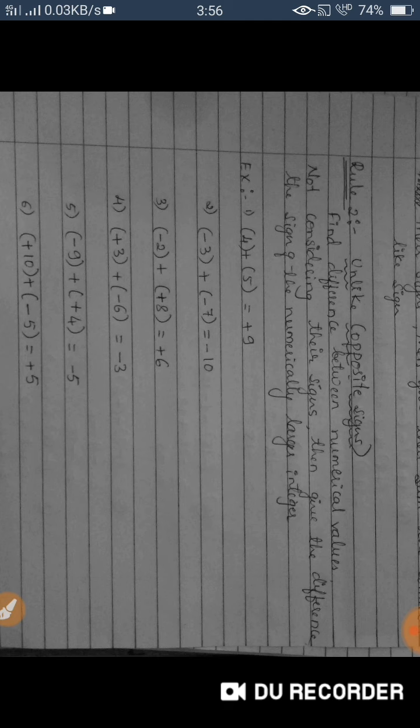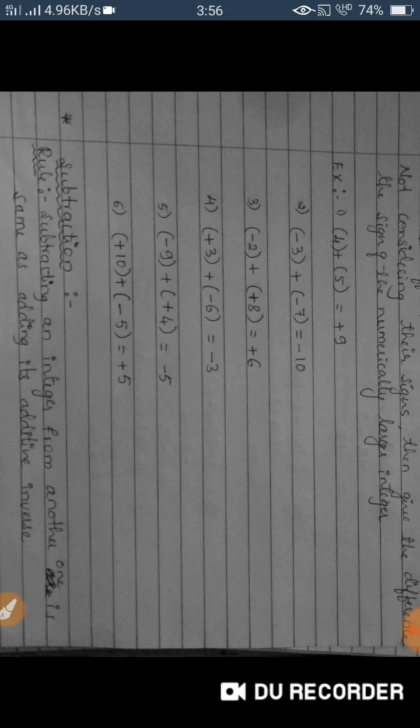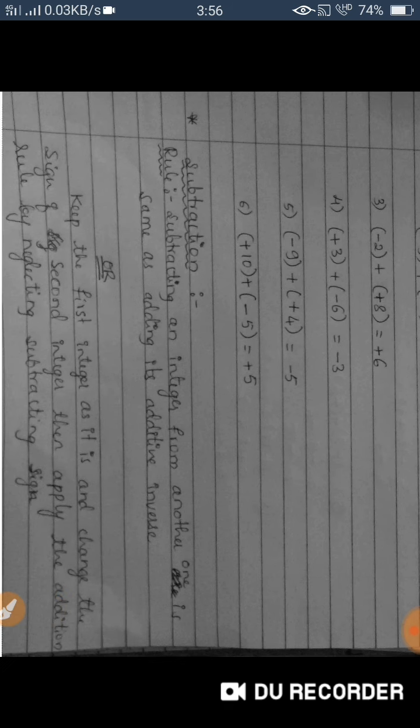If both have the same sign, add the numerals and keep the common sign. If both integers have different signs, take the difference of the numerals and keep the larger numeral's sign for that answer. So that's it. In addition there is no confusion. Already you have studied it in the 6th standard.